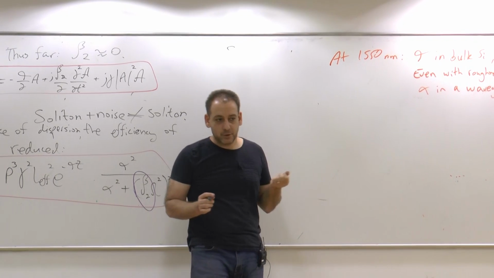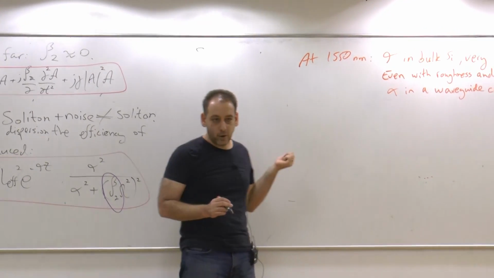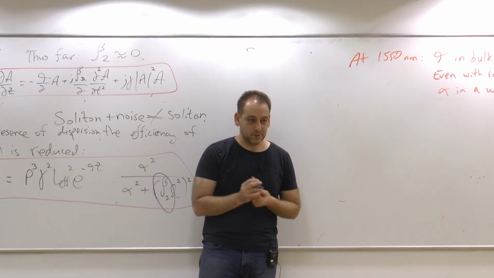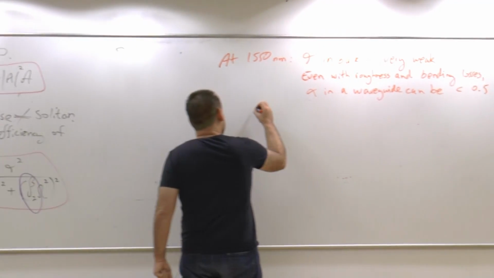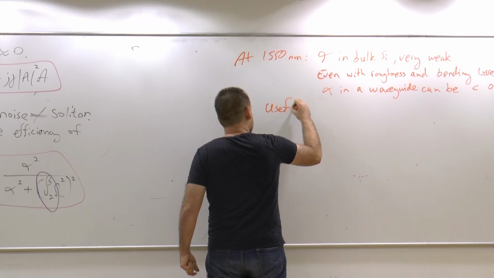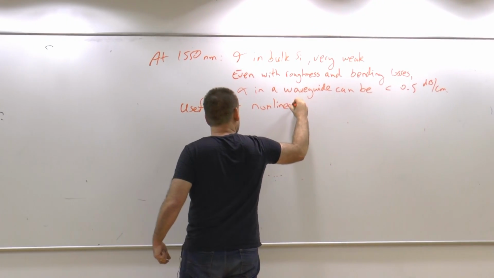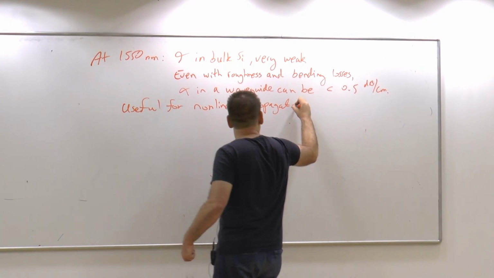Trouble begins when you crank up the power. If you have a transparent and long waveguide like this, it is tempting to use it for the sake of nonlinear propagation. Why?